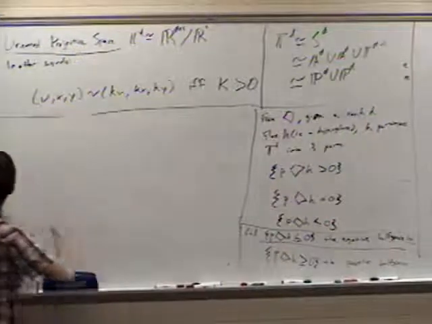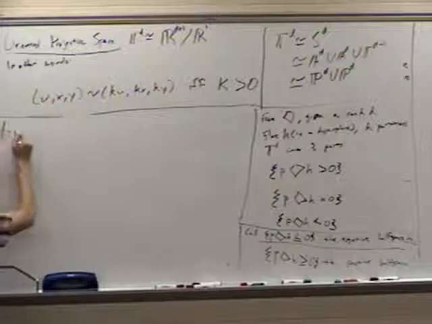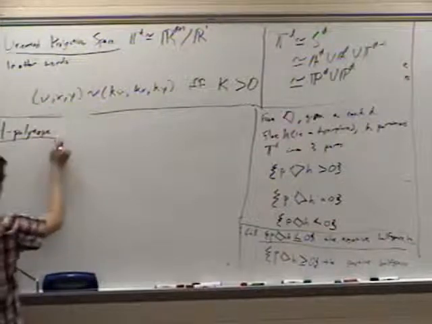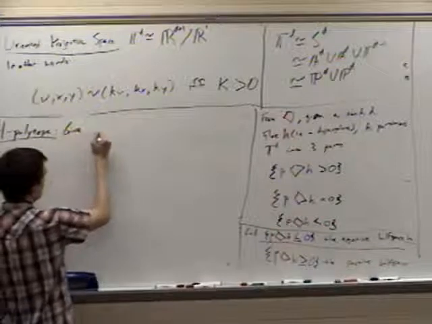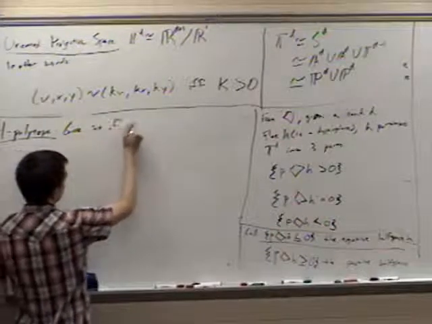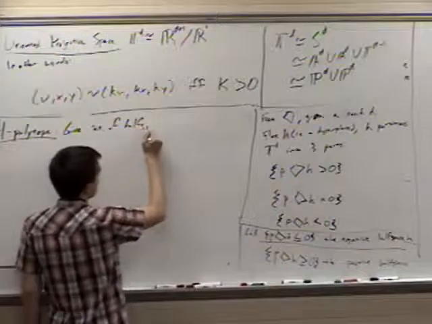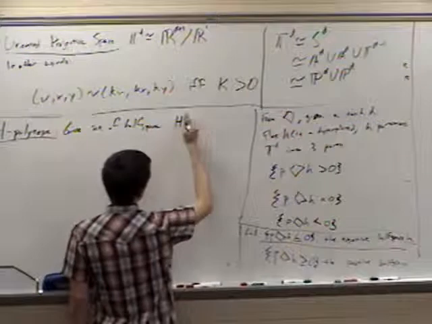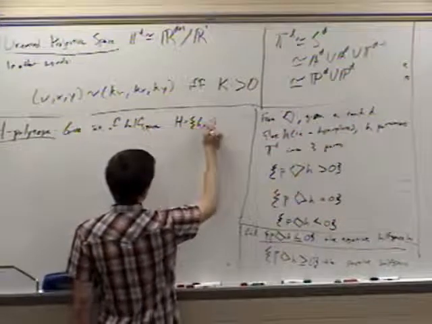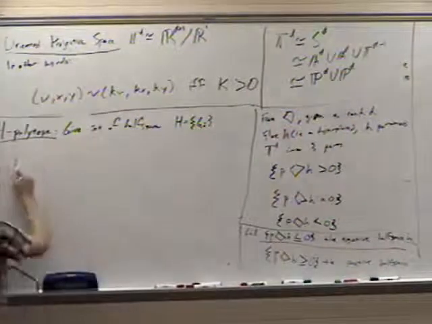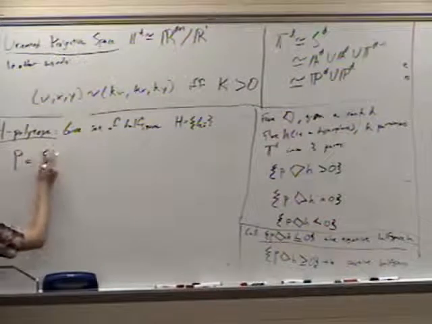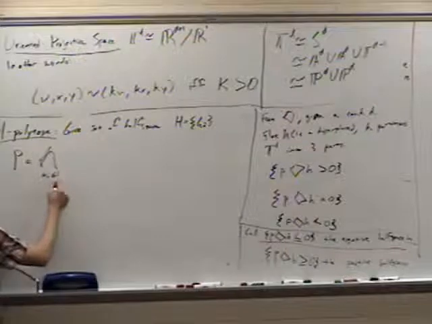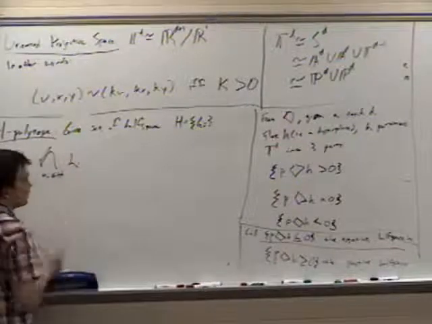An H polytope just says, given a set of half spaces H_i, the polytope is some set P, which is equal to just the intersection of all of these H_i.